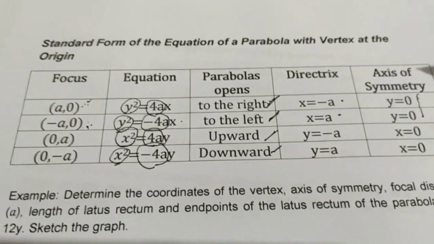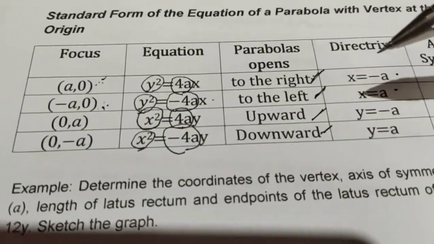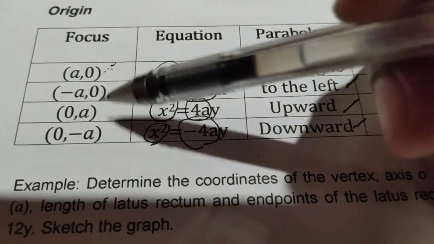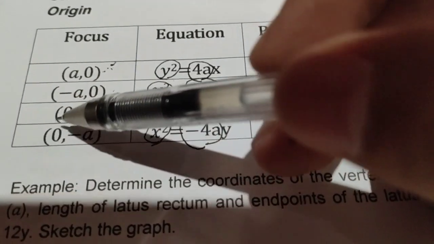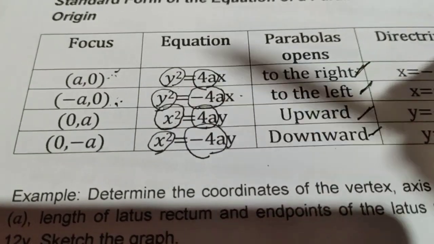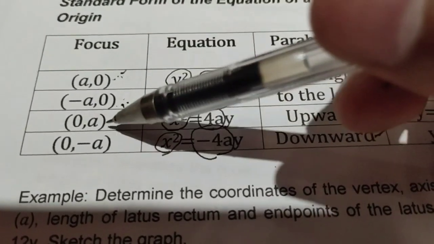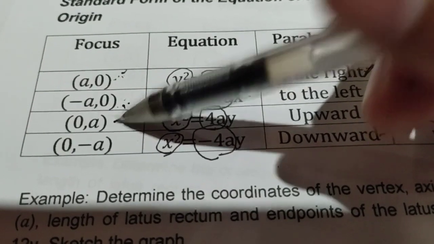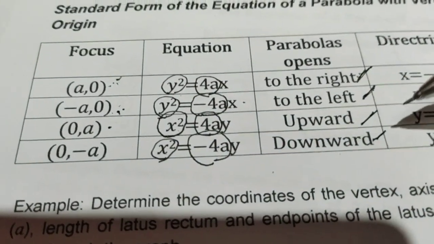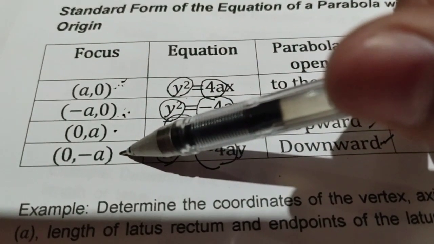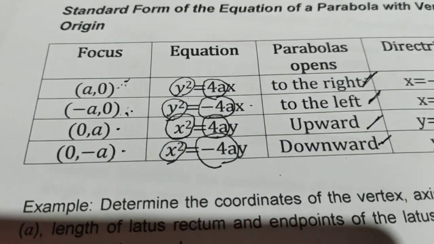So as you notice, the parabola that opens upward or downward has a focus with x being 0. The parabola that opens upward has focus (0, a), and the parabola that opens downward has focus (0, negative a).